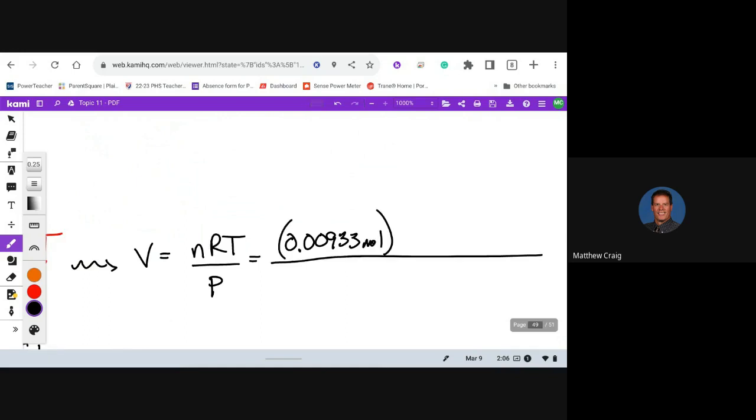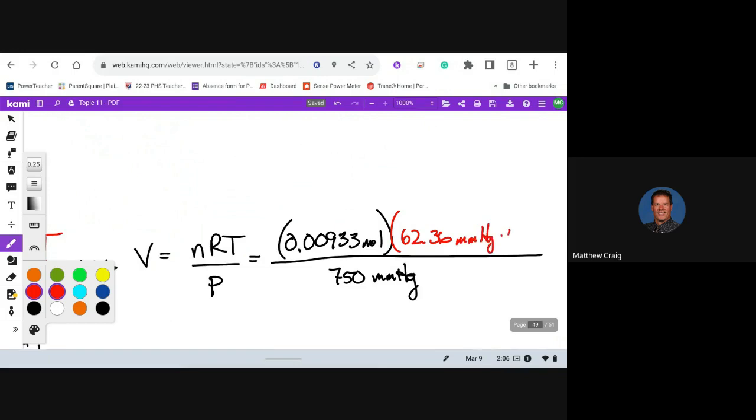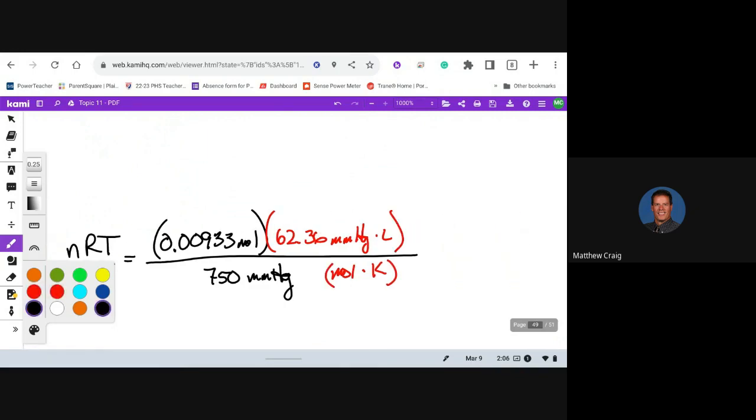The pressure is 750 millimeters of mercury, so I'm going to use good old Torr. 0.06236. Liter, mole, Kelvin, and then 298 since we're at 25 degrees.